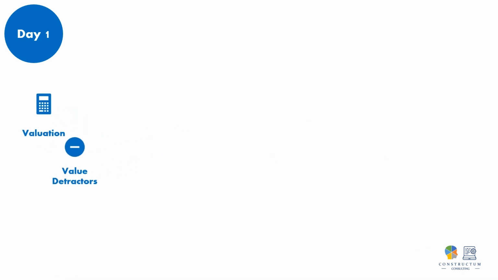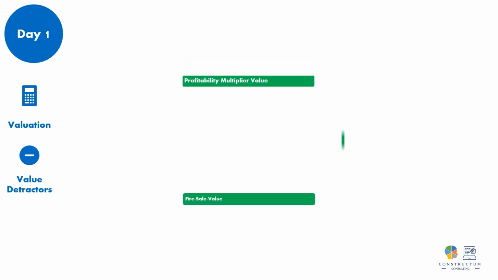In this section, we need to come to grips with the value the business represents to the current owner, specifically the income derived from the business, the low or fire sale value of the business, what the owner will realize by liquidating the business in its present form, and the high or profitability multiplier value, the theoretical value of the business as though no shortcomings exist.